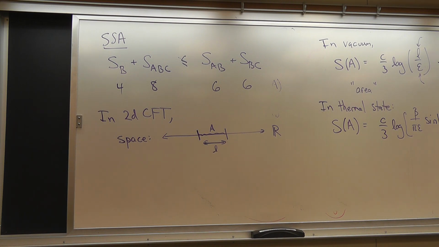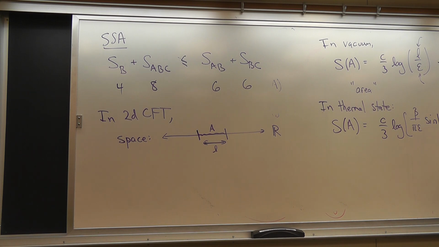If L is much less than beta, the inverse temperature, then you basically don't notice that you're in a thermal state. If you're in a thermal state and you go to distances much less than beta, then you don't notice the thermal state. You're basically in vacuum at short distances.